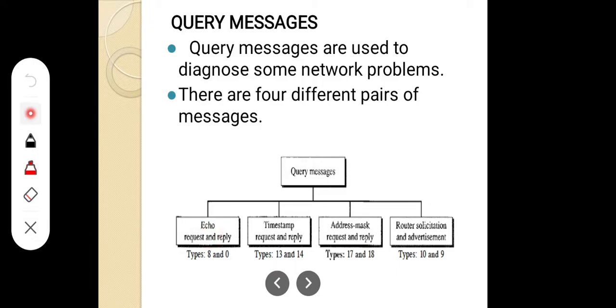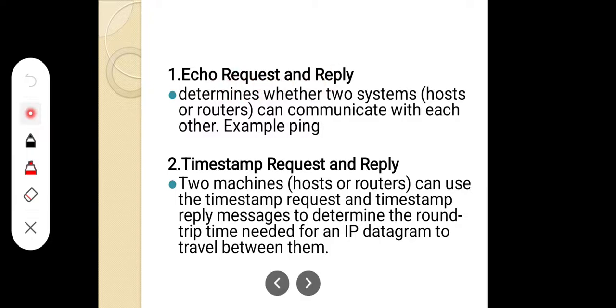If host A wants to know whether any connection is there with host B, it can just ping using the IP address. That is called echo request and reply. Echo request and reply determines whether two systems, hosts or routers, can communicate with each other, for example using ping.